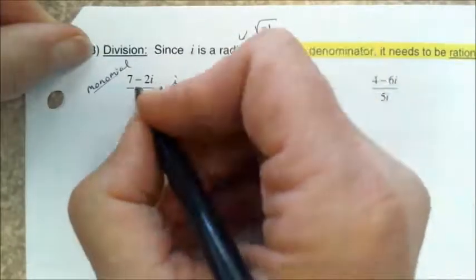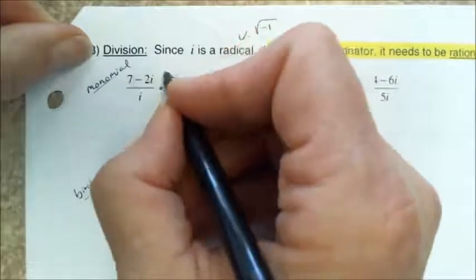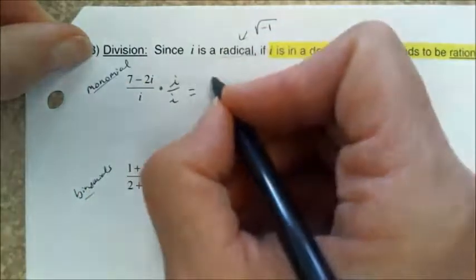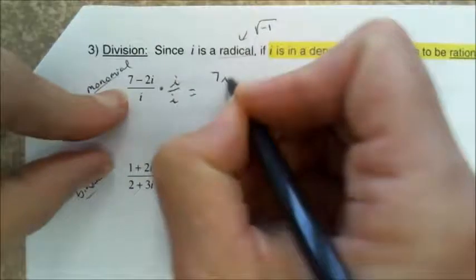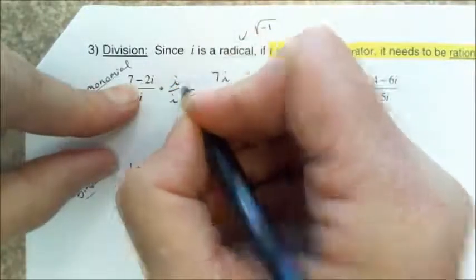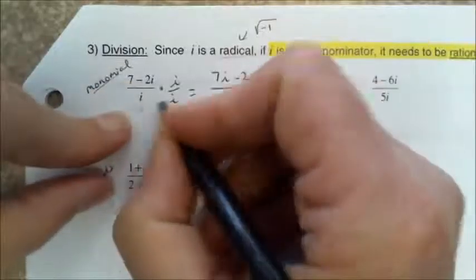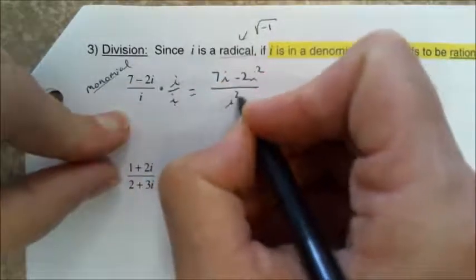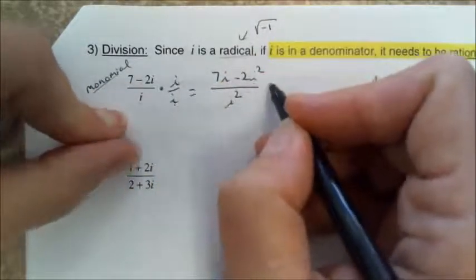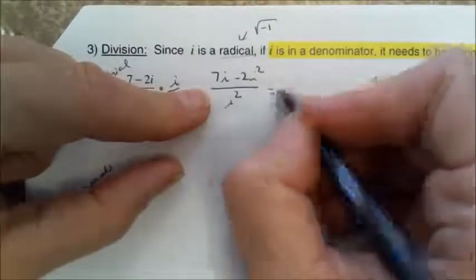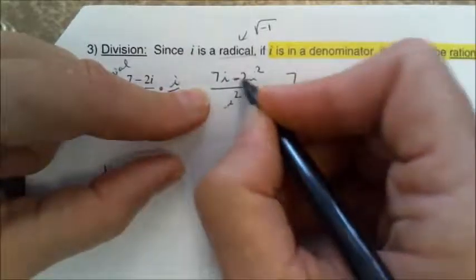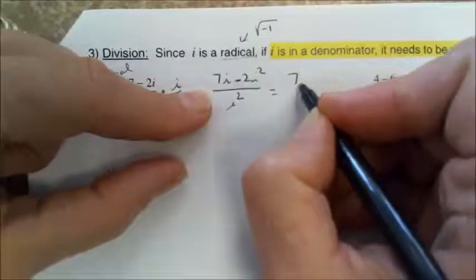Because what you get here is when you multiply 7 minus 2i times i, you get 7 times i. Negative 2i times i is negative 2i squared, and in the denominator i times i is i squared, and we always turn i squared into negative 1. So this becomes 7i, negative 2 times negative 1.